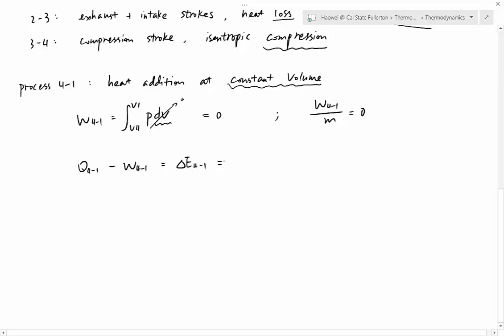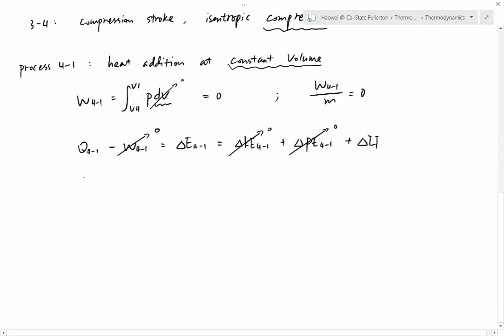And delta E is the change of total energy, which has three components just like before. The change of kinetic energy, the change of potential energy, and the change of internal energy. Okay, so we know work is equal to 0. Next, we can always neglect delta KE and delta PE. So Q 4 to 1 per unit mass is equal to delta capital U over mass, so it becomes delta lowercase u.